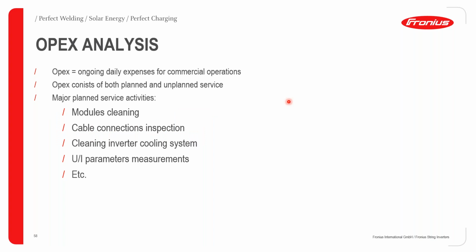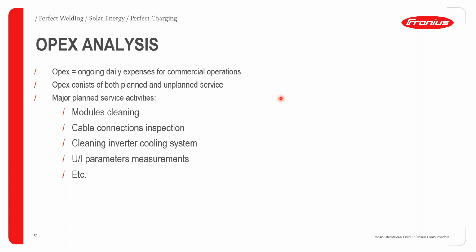The Opex analysis, of course, covers the ongoing daily expenses for commercial operations. The Opex consists of both planned and unplanned service calls. Major planned service activities for commercial systems would include the following. This would be module cleaning.